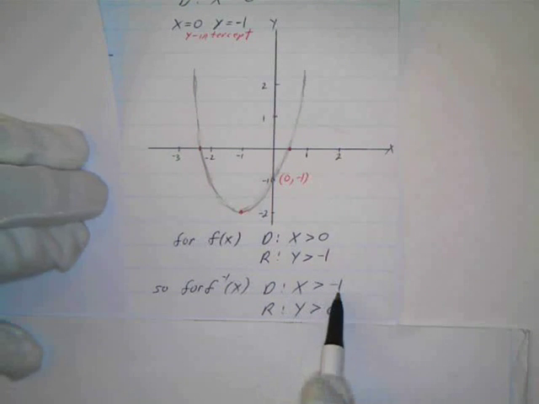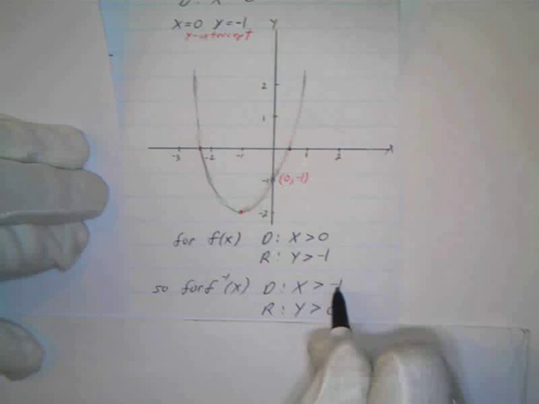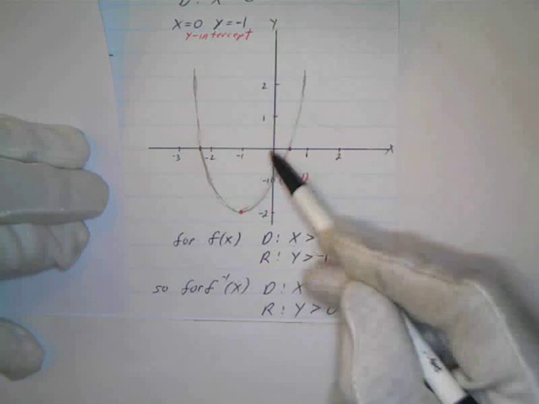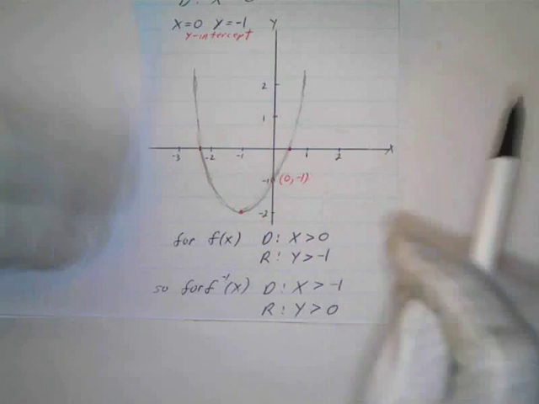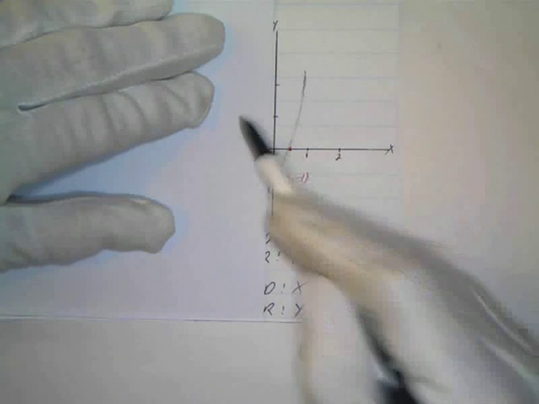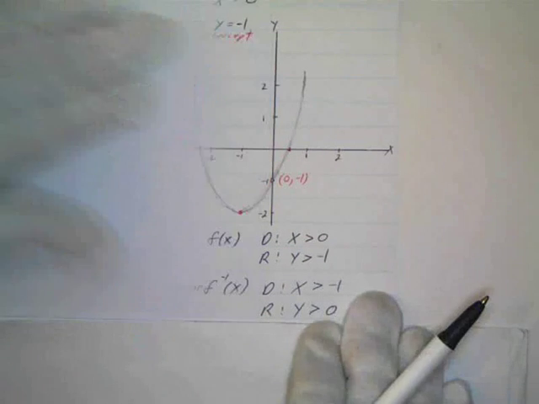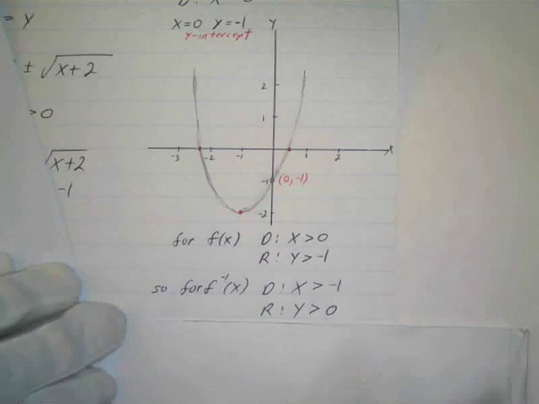So the domain will be x greater than -1, and the range will be y greater than 0. And remember, when you sketch these, you would sketch this function, and then you would use the line y equals x, and it would be symmetrical to that line. So you'd see how these domain and ranges make sense. So keep that in mind, okay?